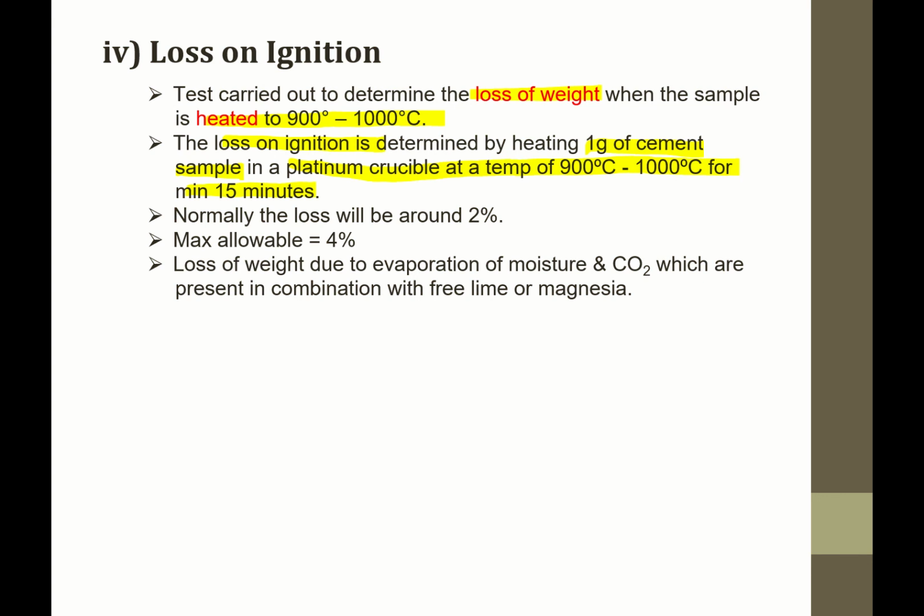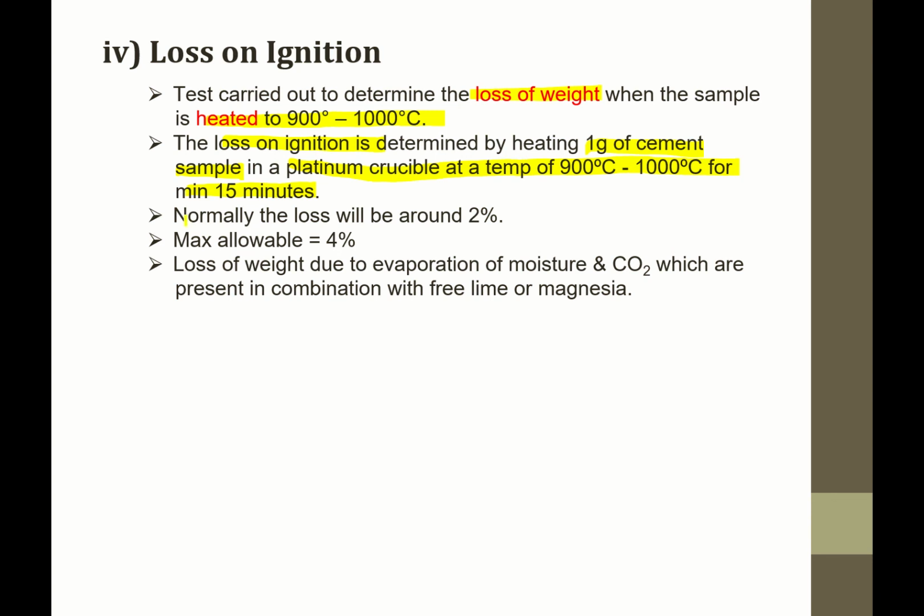So of course we need a standard method, standard lab testing, to identify the loss on ignition. You get 1 gram of cement sample and place it in a platinum crucible, and the temperature that we need to achieve is 900 to 1000 degrees Celsius, and the time taken is about 15 minutes.